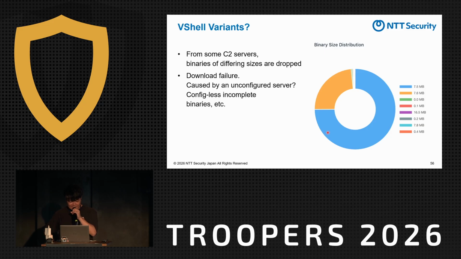For example, they may result from download failures or incomplete transfers, or from configless or partially built binaries. In addition, misconfigured or improperly set up C2 servers may distribute binaries that are not fully or correctly built. Therefore, this difference may not necessarily indicate distinct variants, but rather reflects operational inconsistencies or build process issues.